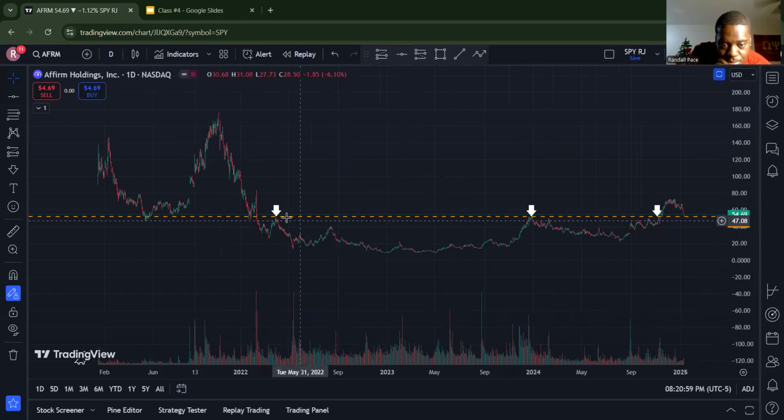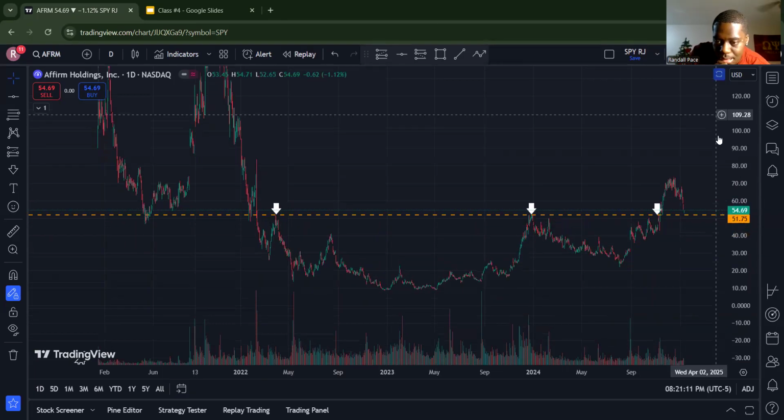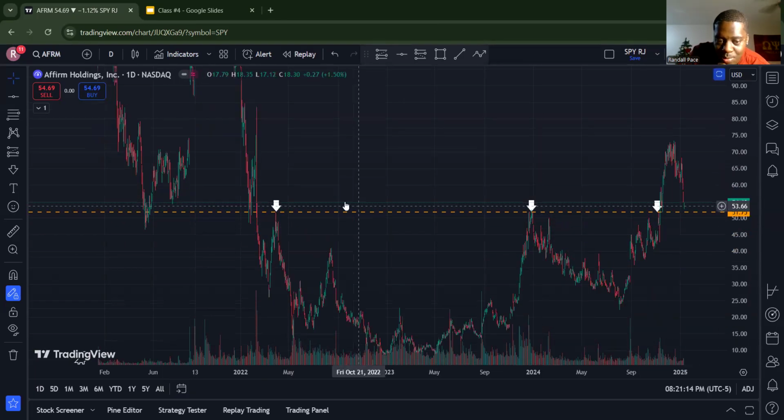And at this point, since 2022, this was a high that could not be broken. Pretty much could not be broken. So regardless of anything, when you think about levels, until this breaks, nothing is going to happen on this stock.